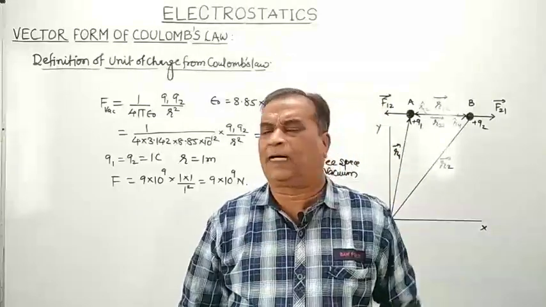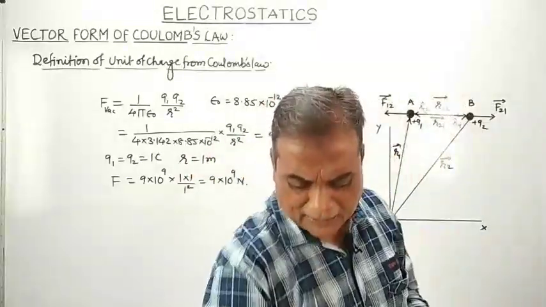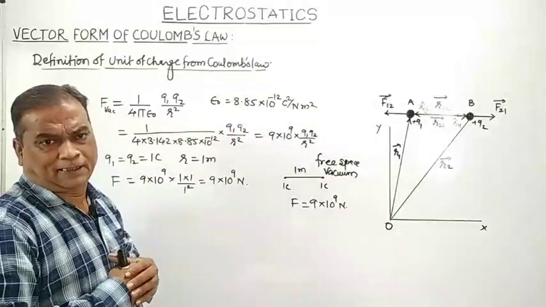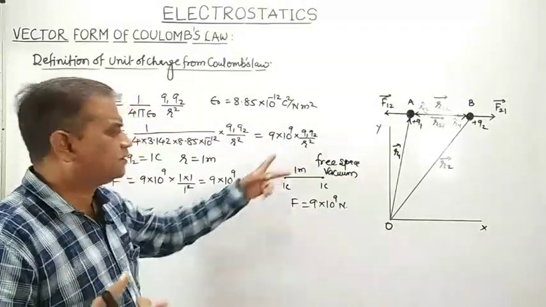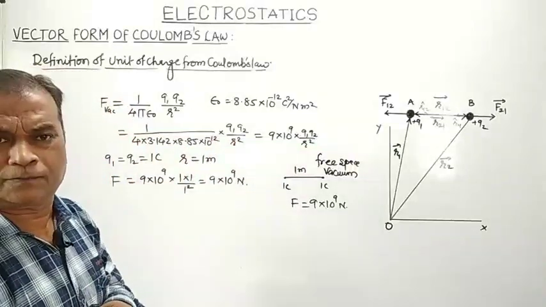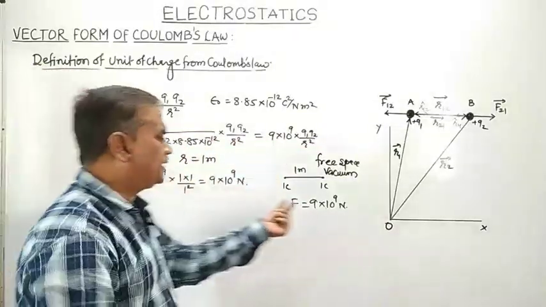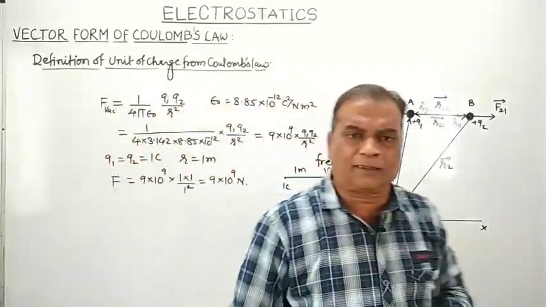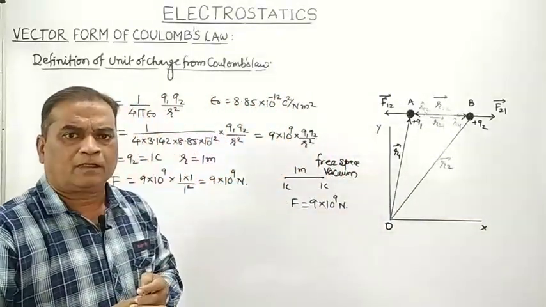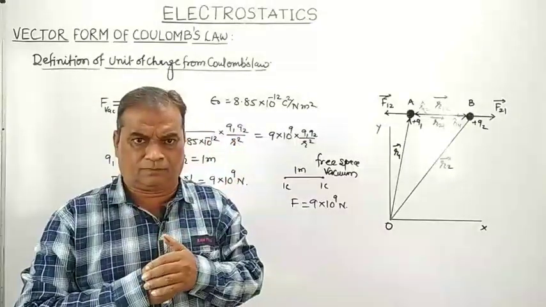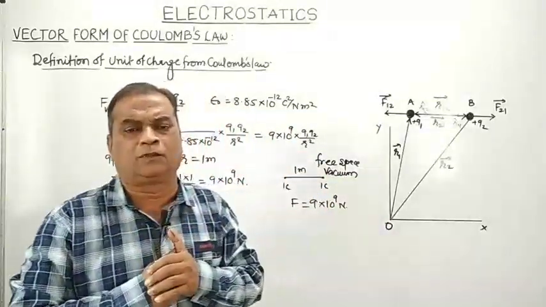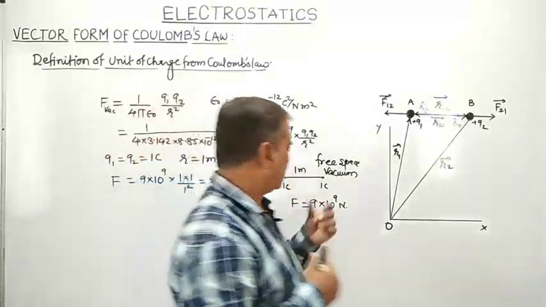And 1 coulomb charge is that amount of charge which when placed at a distance of 1 meter from another charge of same magnitude in a vacuum will experience a force of 9 into 10 to the power 9 Newton.